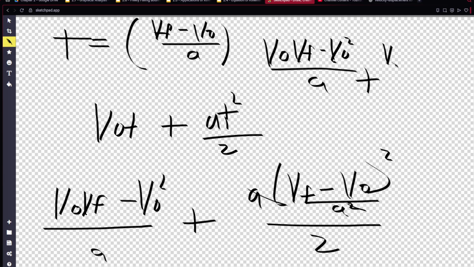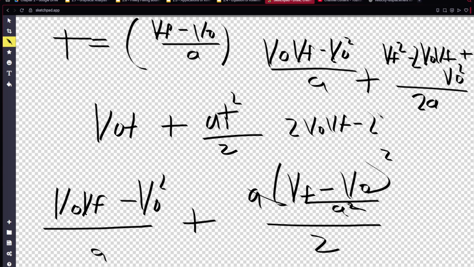and we'll use the binomial expansion theorem to do 2 v0 vf plus v0 squared divided by 2a. We can multiply this top and bottom by 2a. So we'll do 2 v0 vf minus 2 v0 squared plus vf squared minus 2 v0 vf plus v0 squared over 2a.